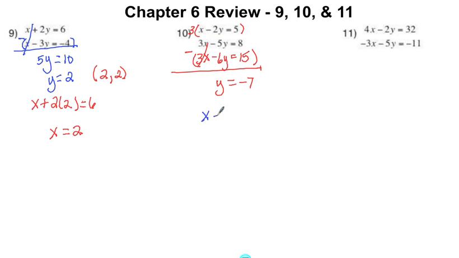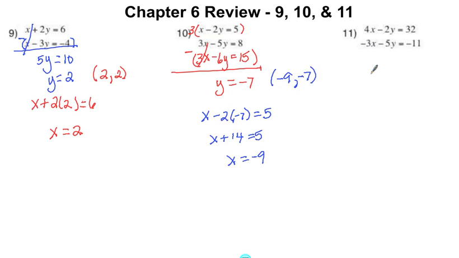So I get x minus 2 times negative 7 equals 5. So I get x plus 14 equals 5. So x equals negative 9. And make sure again that when you put your answer together, it should be negative 9 comma negative 7 because that's my x term and that's my y term. It is not negative 7, negative 9.